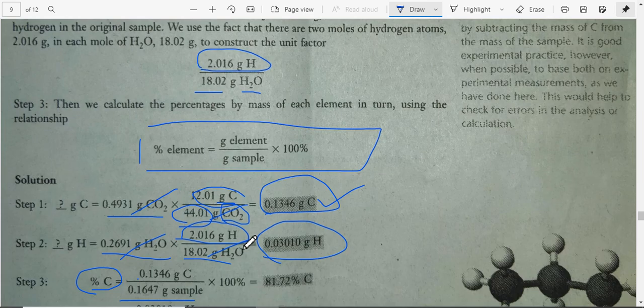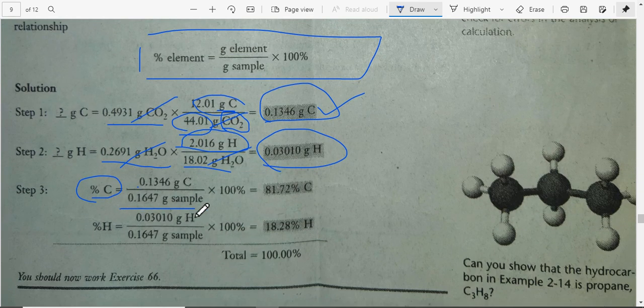So 0.1346 divided by 0.1647 times 100, you will get 81.72% carbon composition. Then for hydrogen, 0.03010 grams of hydrogen, divide by the sample, then times 100, which is 18.28% hydrogen.